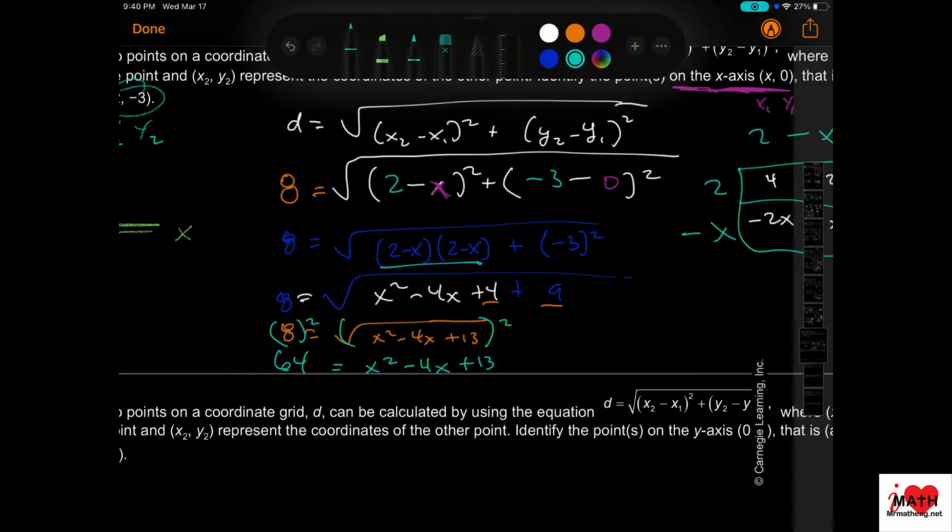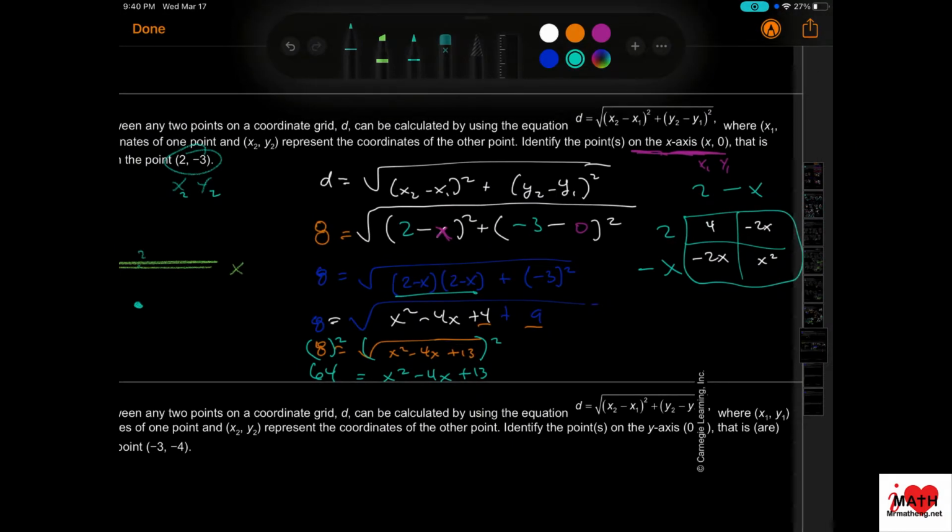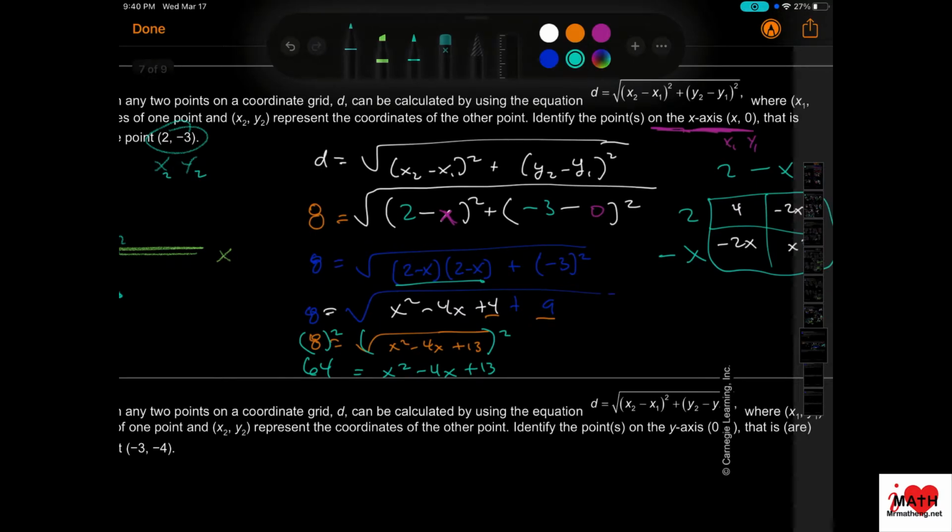And then I'm going to subtract 64. So I'm going to get 0 equals x squared minus 4x. And get my calculator here, -64 plus 13. 13 minus 64 gives me -51. Okay, so see if we can solve this by factoring, hopefully.